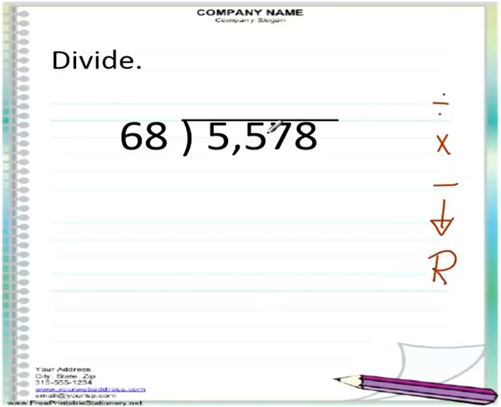I will divide. 55 divided by 68 equals 0, because 55 is less than 68, so we can't divide. In this case, we will take 3 digits instead of 2. So we'll divide 557 divided by 68. Now it's hard to guess the number that we multiply by 68 so the answer is close to 557.